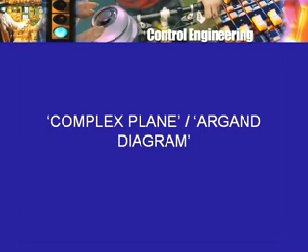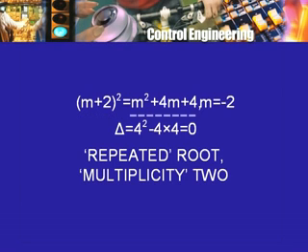So let me look at the various examples that I took, and I will show you how we show it on the complex plane. What is the complex plane also called? It is sometimes called the Argand diagram, named after the French mathematician Argand. So we had the first case of m plus 2 square, or m square plus 4m plus 4 equal to 0.